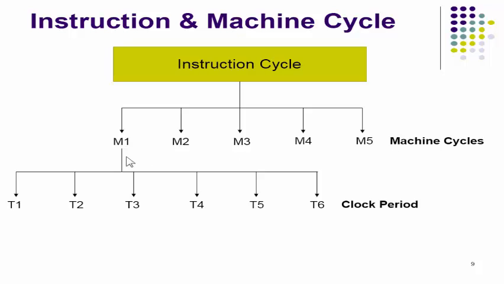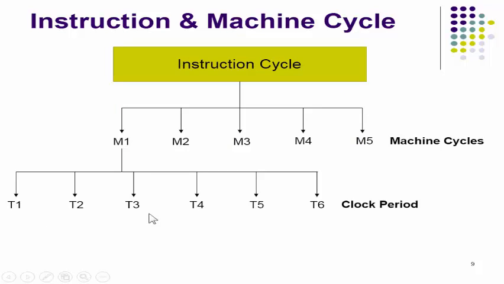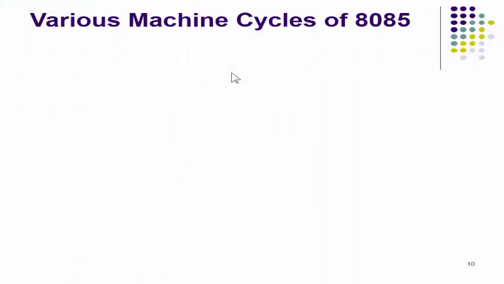Under this instruction cycle there are multiple machine cycles to execute the instruction, that is M1, M2, M3, M4, M5, depending on the type of instruction. Under M1 you will find T1, T2, T3, T4, T5 clock cycles, clock periods or T states. So simply, the group of T states is a machine cycle, and the group of machine cycles is a complete instruction cycle.